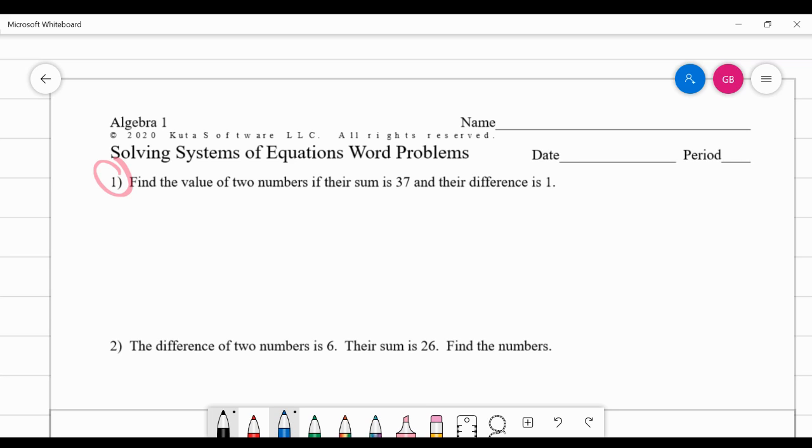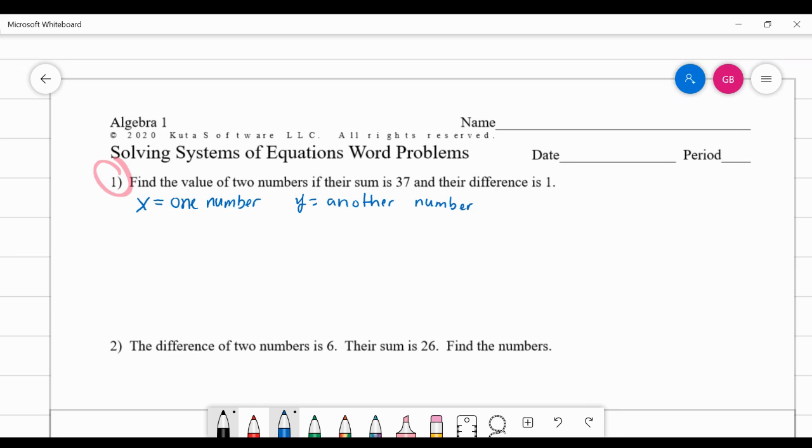So first, what is the unknown? The two numbers. So you could assign x equals one number and y is equal to another number. That's step one. Step two, create equations using the information given.